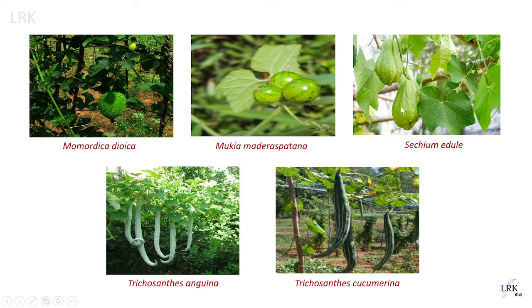This is Sechium edule, Bengaluru Vankaya or Chow Chow, and this is Trichosanthes anguina, called Potlakaya or Chichonda. This is Trichosanthes cucumerina, called Adavi Potlakaya or Jangli Chichonda. So these are some of the familiar plants of this family.